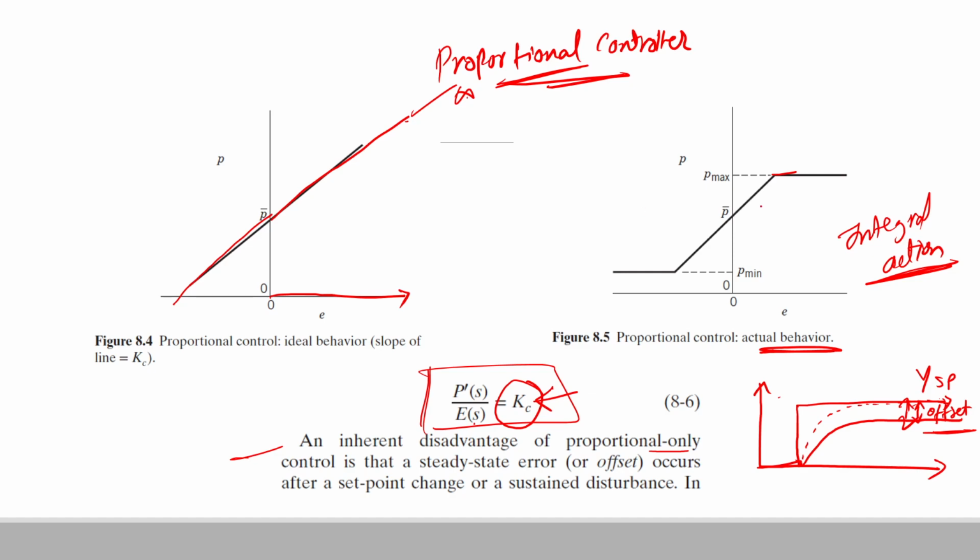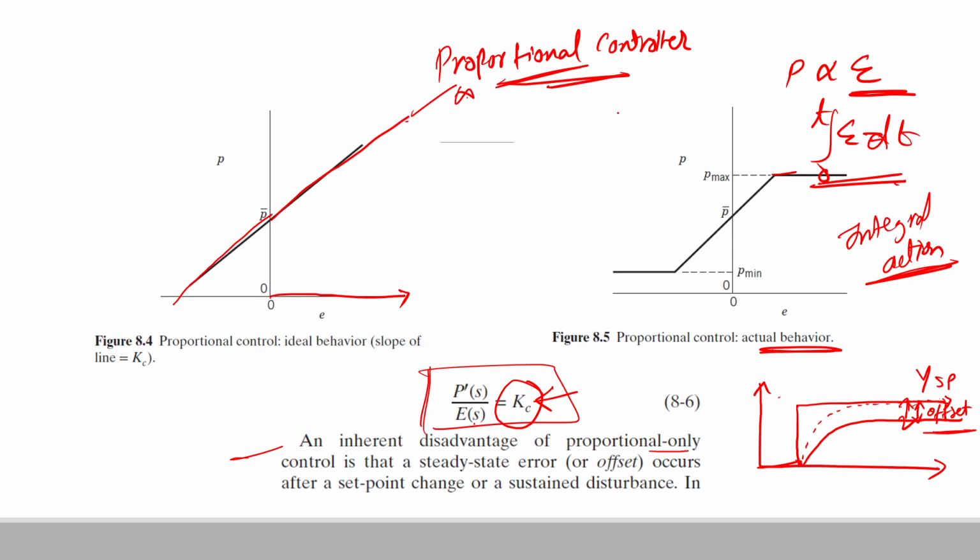In proportional controller, the control action is only proportional to the current error. Whereas in case of integral control, we also take into account the past errors. That is, from 0 to t, all those integral errors we will be accounting. Similarly, in case of derivative control, we won't be looking into the past, but we will be looking into the rate of change of error. So in future, how will my error change?